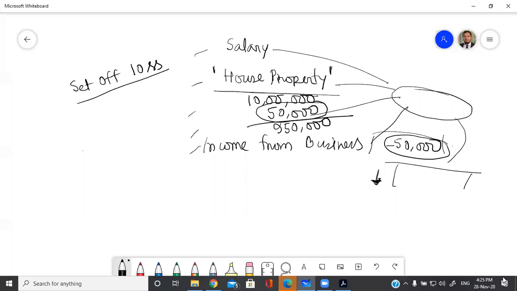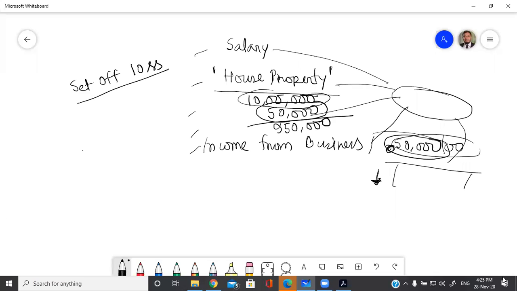Okay, if it is such that your positive income from other sources is not sufficient enough to compensate the loss of a particular head. Say you have incurred a 5 million loss. So how much positive income is available here?